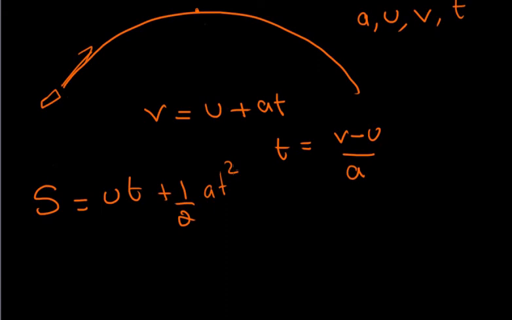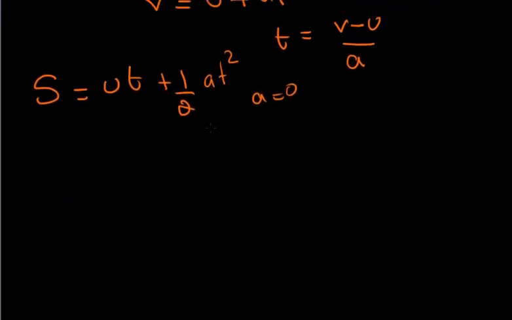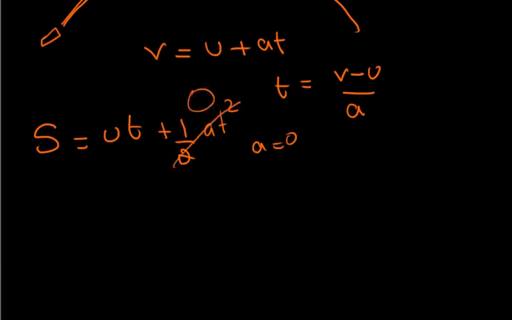Okay, so we know the acceleration is equal to 0 because there are no factors which make that object slower. So this whole term will become 0. So we are left with the displacement is equal to initial velocity times time.